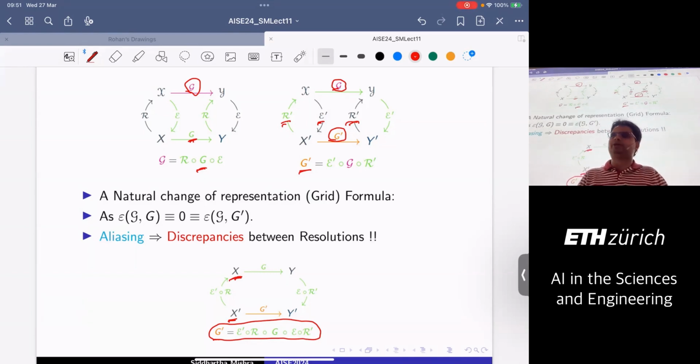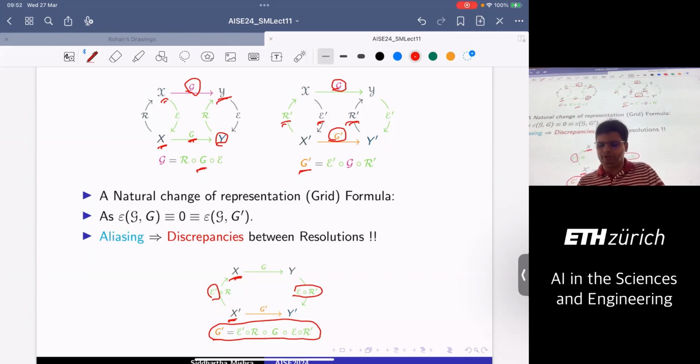Then I go up to the continuous by using this R, the reconstruction operator. And then I go back to the 128 by 128 grid through this. So there is a natural connection between them, and the same at the output side, right? And when you combine them, this is what you would get.